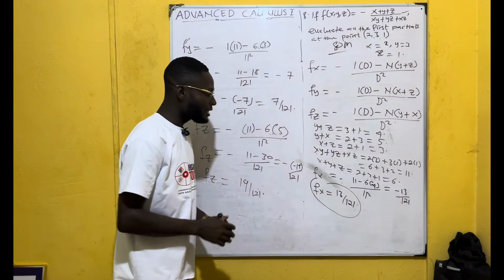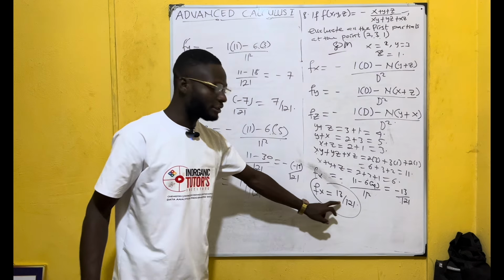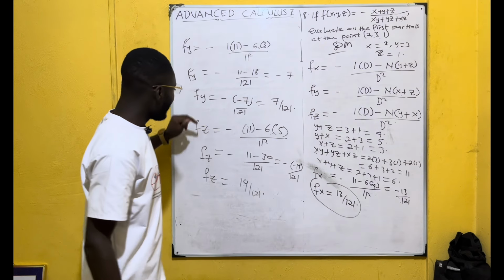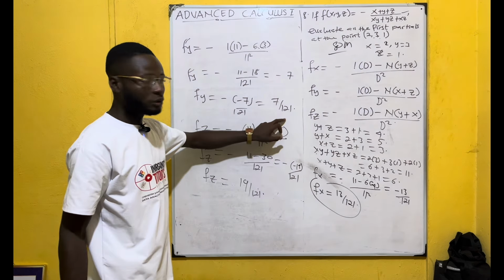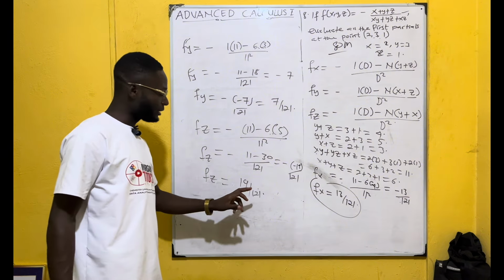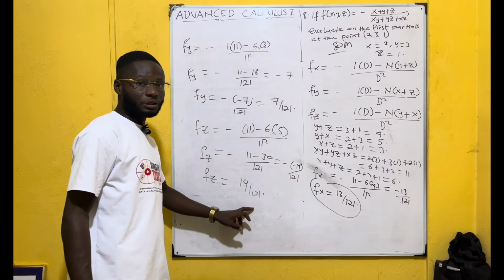Okay, so basically fx is 13 over 121, fy is 7 over 121, and fz is what? 19 over 121.